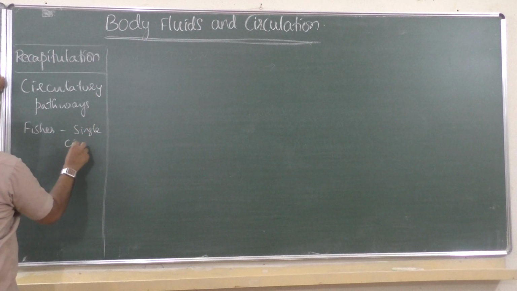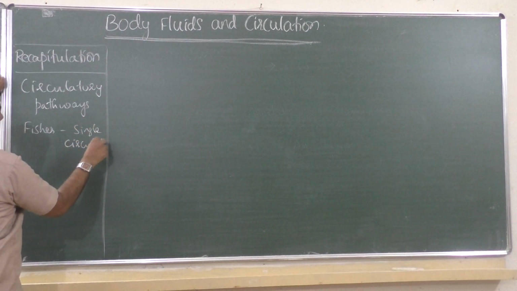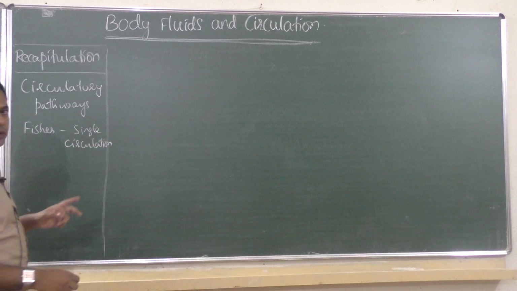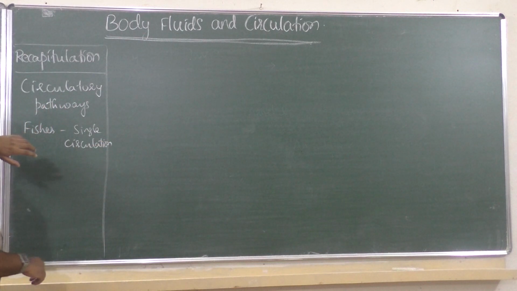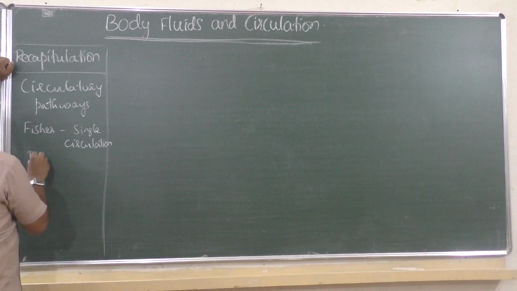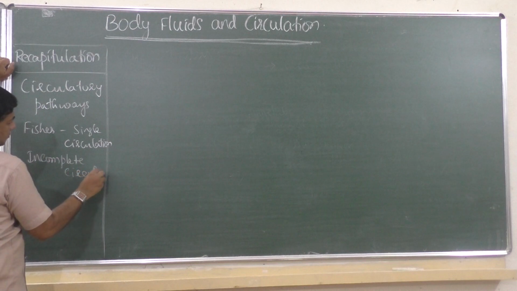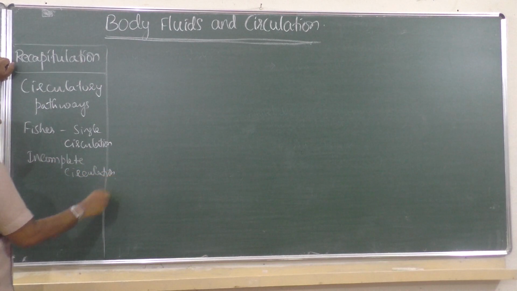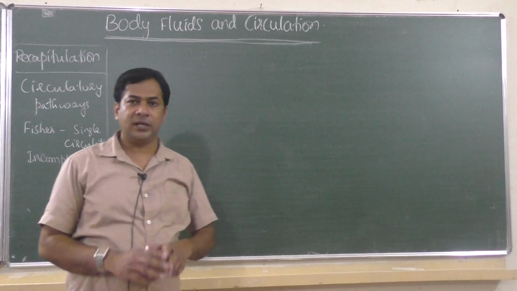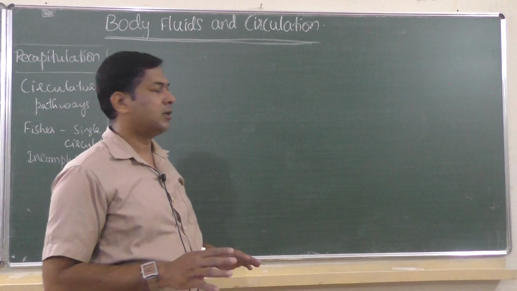We just recall, it is called single circulation because blood comes only once to the heart, and it is incomplete circulation also because in the heart oxygenated blood and deoxygenated blood is not separated.